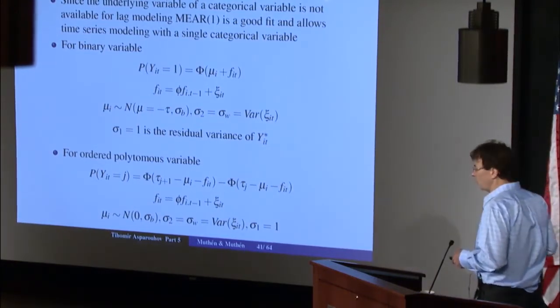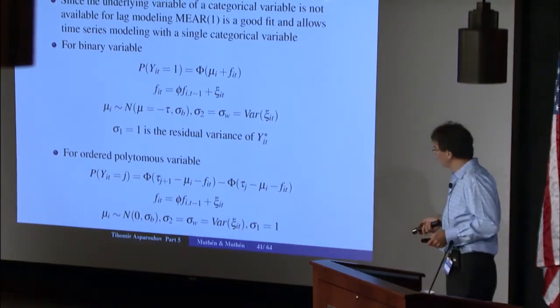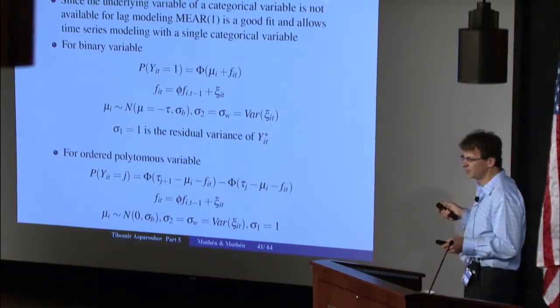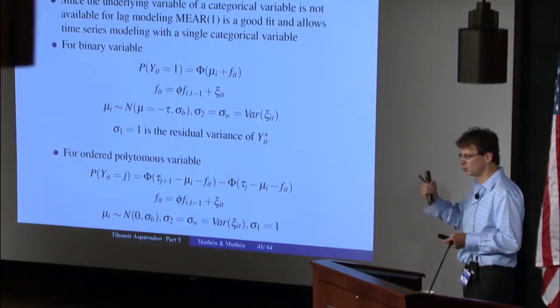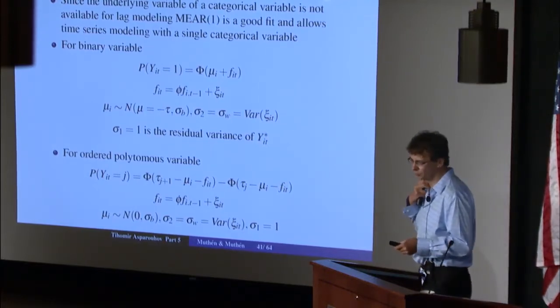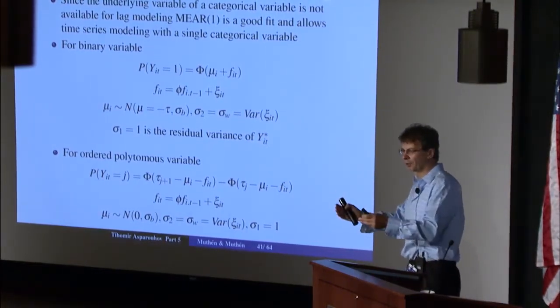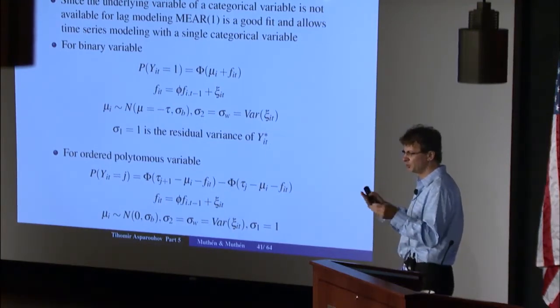So let's see some of the benefits of the MEAR1 model for categorical data. We're going to be interested in estimating time series models for categorical data with just one categorical variable. Now, Bengt yesterday showed you when you have multiple categorical indicators for a factor, that's a much easier situation.